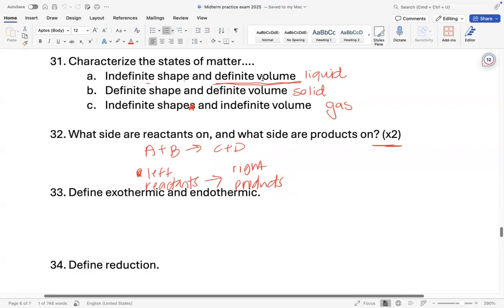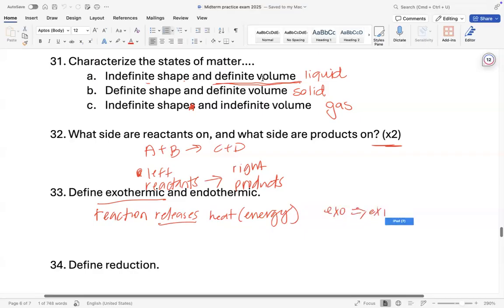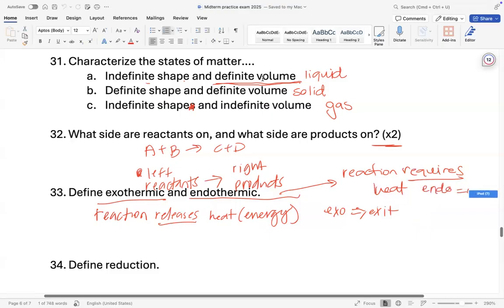Exothermic is a reaction that releases heat or energy, but usually energy in the form of heat. So exo, you can think of as exiting the reaction. And endothermic is a reaction that requires heat. So you can think endo, going in.